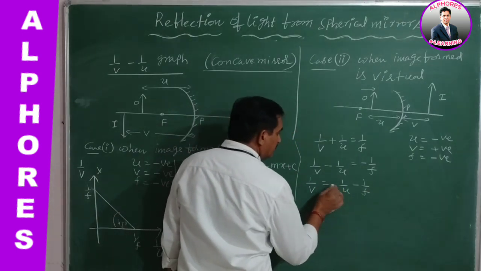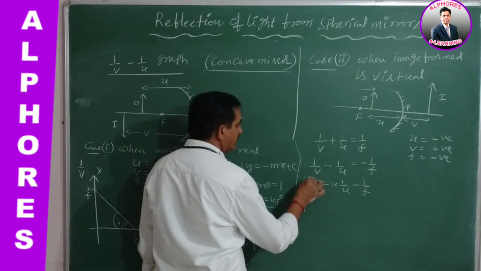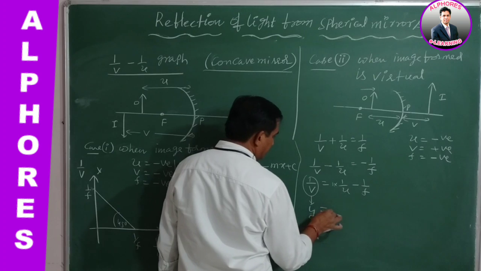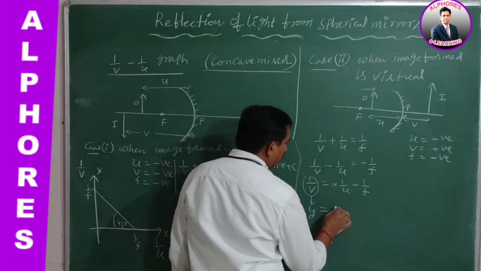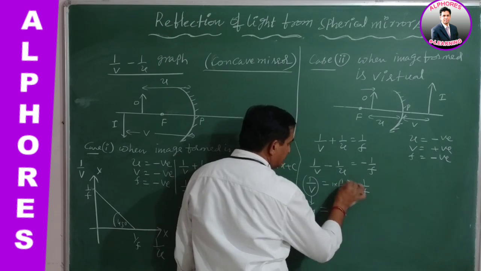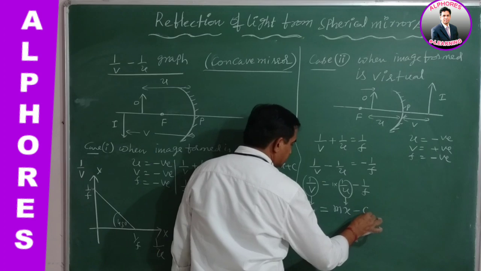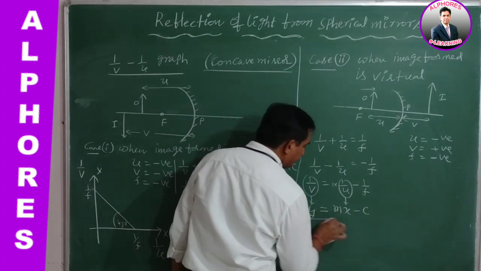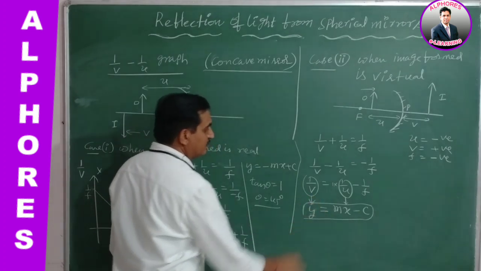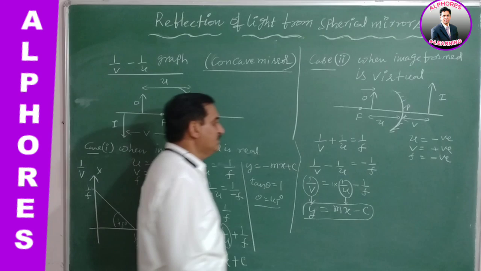Again, imagine it in the form y equals mx minus c. Here 1 by v is taken on the y-axis, the slope is 1, 1 by u is taken on the x-axis, and this is a constant. So y is equal to mx minus c, and its nature we can easily find.